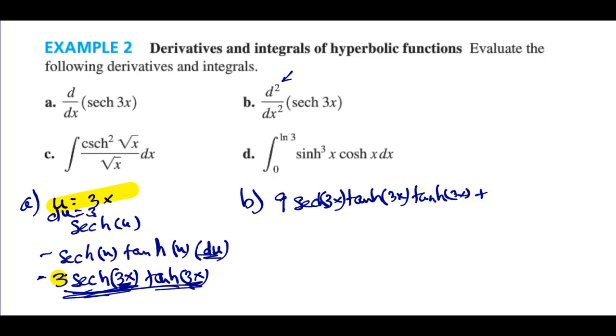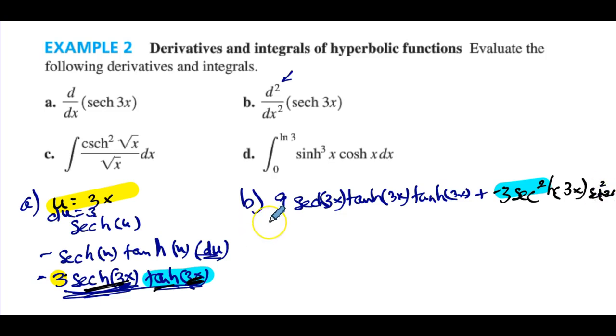Oh my goodness. Well, the derivative of tanh, so I'm doing the product rule here. The derivative of tanh, well, again, a u sub, so I'm going to do negative 3 for the u sub. The derivative of hyperbolic tangent is hyperbolic secant squared 3x, and then write down the first. So I got another hyperbolic secant.